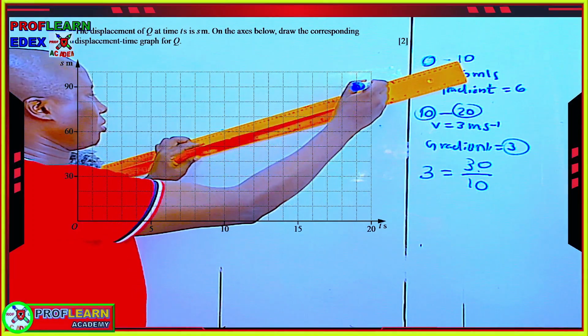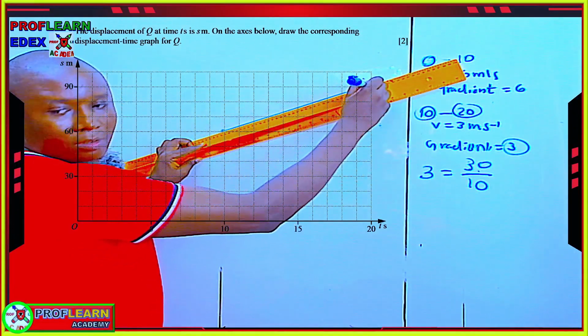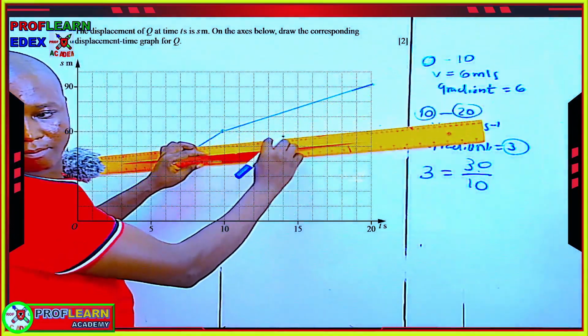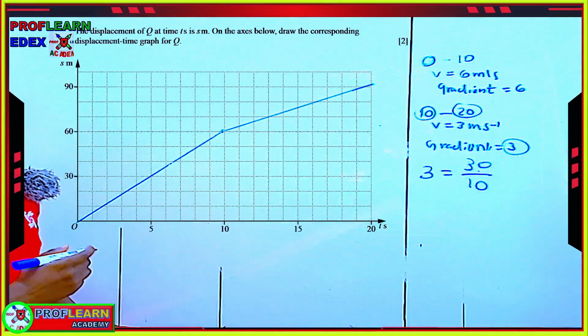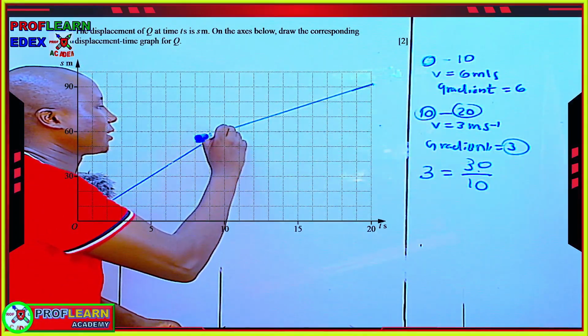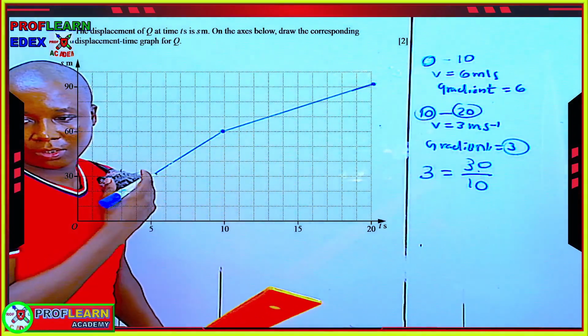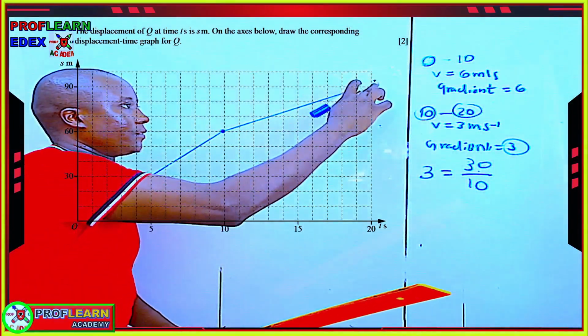So I line it like that, and that is how the graph is going to go. That's how the first section, and this is the last section of this graph.